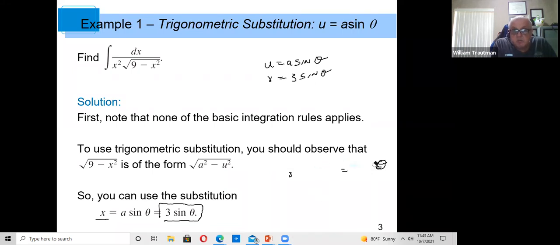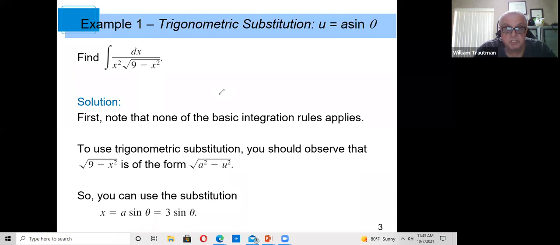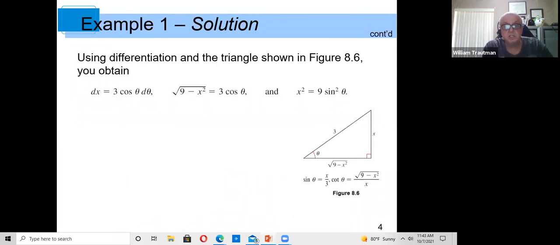This is not the one we're using. We're using this one, equals 3 cosine theta, the first rule. All right, so now that we know that, we wrote those down, they're going to go to the next slide.